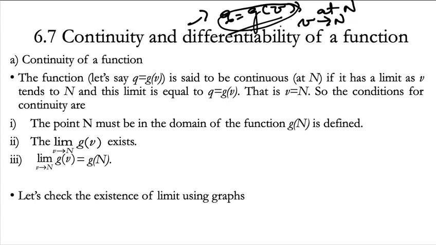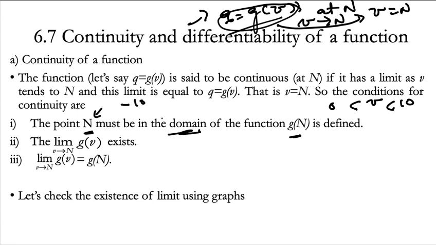When the function equals the limit, then we can say that v is actually n. So what are the conditions of continuity that we need to emphasize here? There are three different continuity conditions. The first one is that the point n we are talking about must be in the domain of the function. For instance, if v has to be between 0 and, let's say, 10, but your n is minus 10, then it is not in the domain.